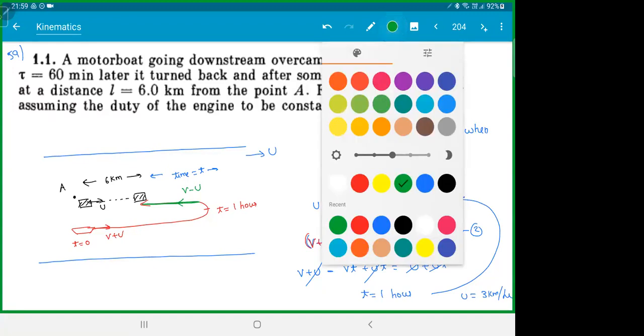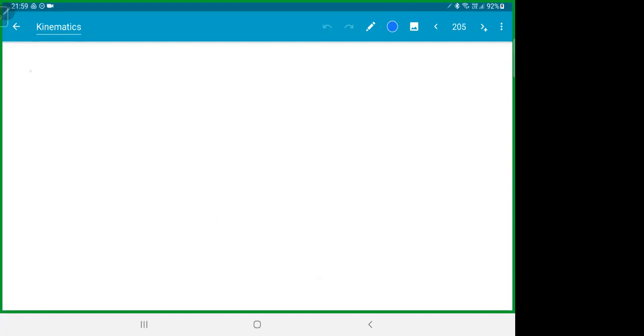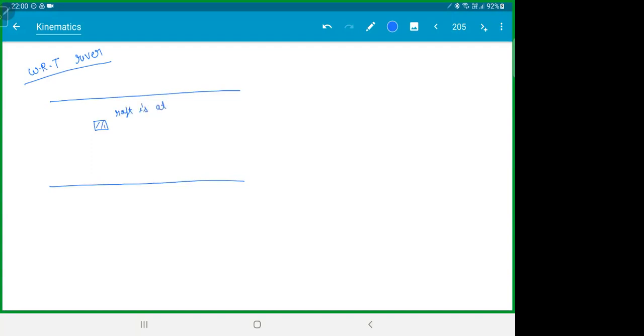But there's a much faster way. Stop the river. Study with respect to the river. Now you tell me, if you stop the river, what will you think about the raft? The raft is at rest, no? If you stop the river, means you're standing on the river at that point. So with respect to the river, the boat is going with speed v.